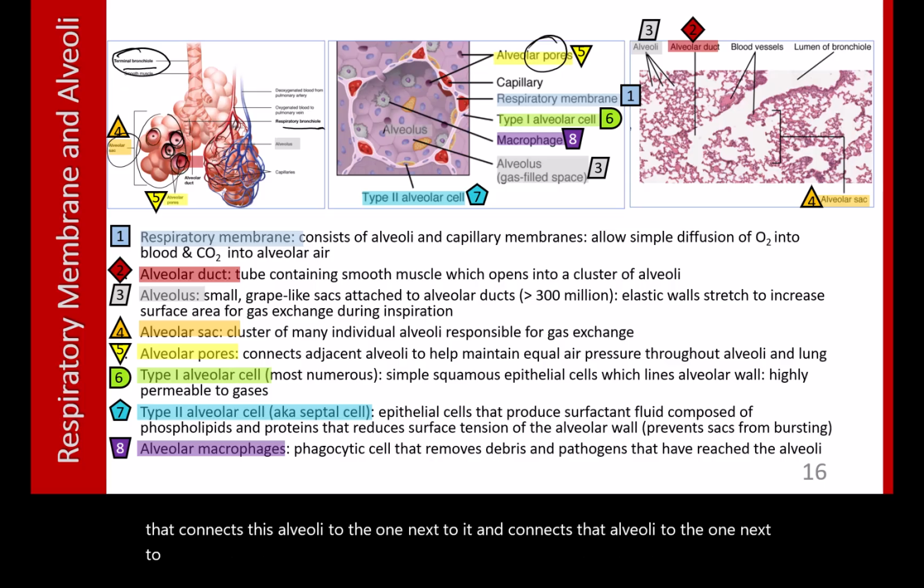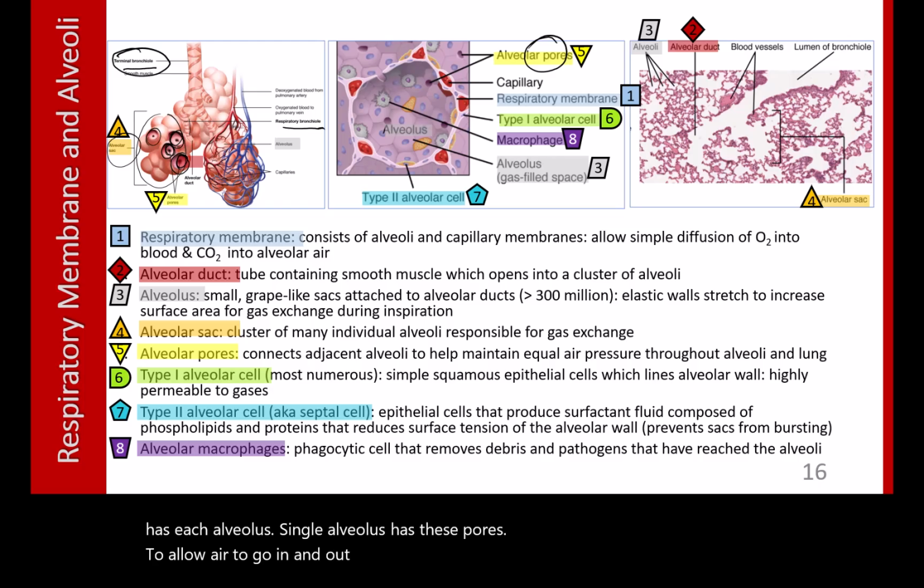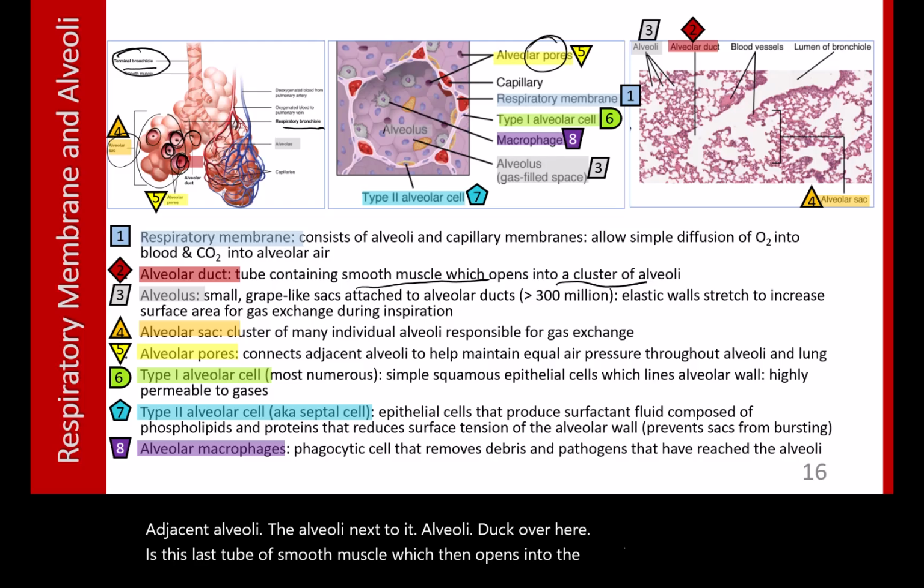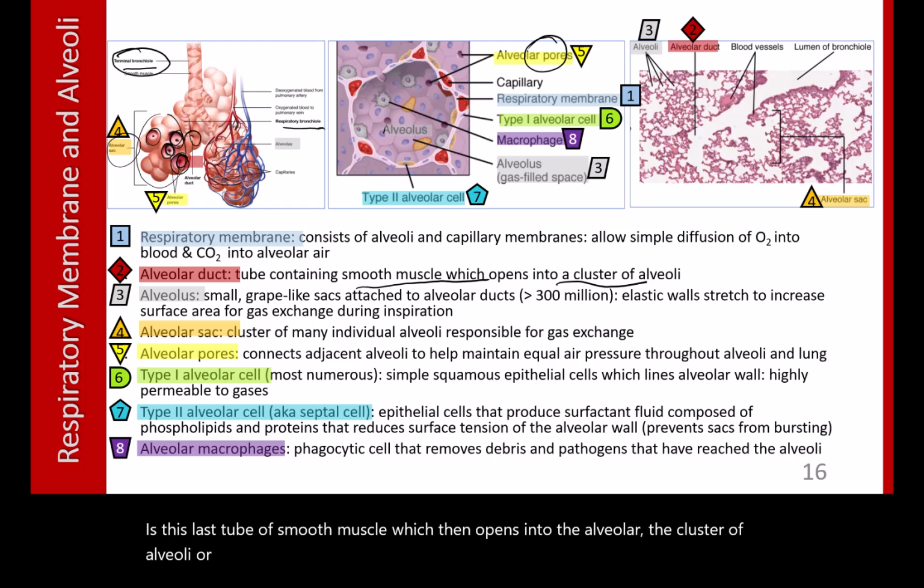So basically, air doesn't just flow into a dead-end alveolus. Each single alveolus has these pores to allow air to go in and out of adjacent alveoli. The alveolar duct over here is the last tube of smooth muscle, which then opens into the cluster of alveoli, the alveolar sac.